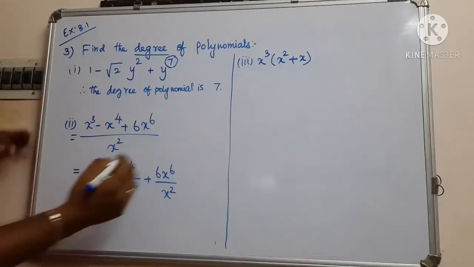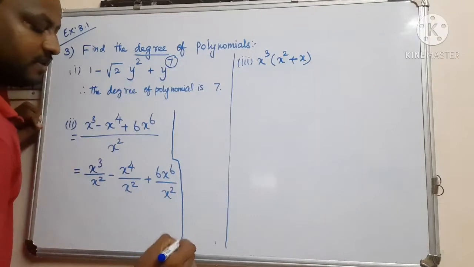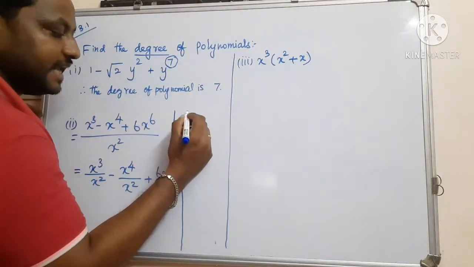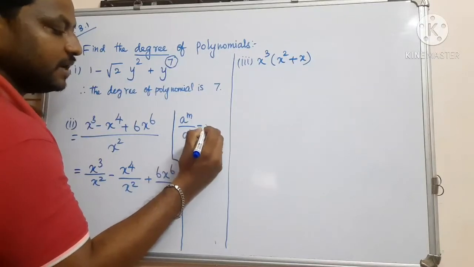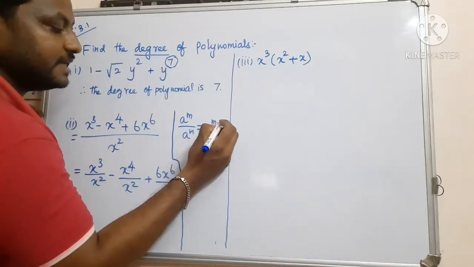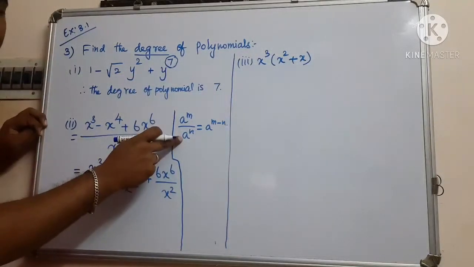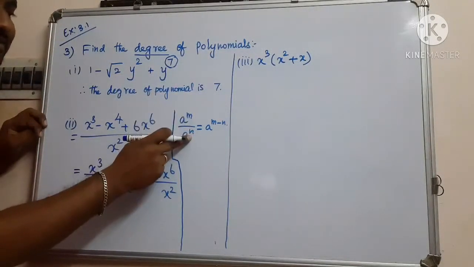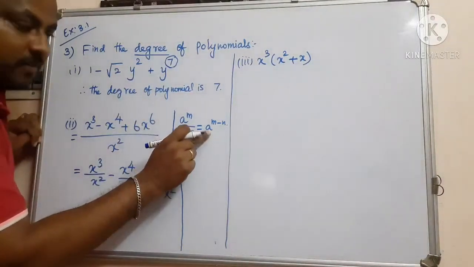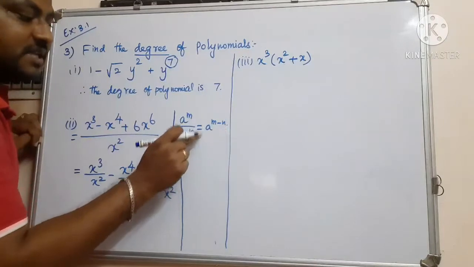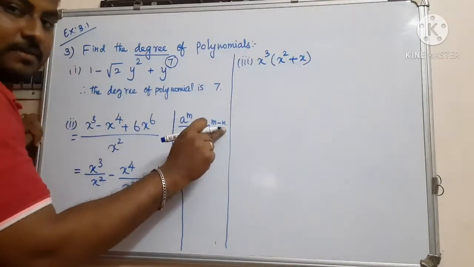Now imagine your previous year's class formula: a power m divided by a power n is equal to a power m minus n. Here the bases are the same and the powers are different. In division you use the formula a power m minus n, which means you take the base as common and subtract the powers.